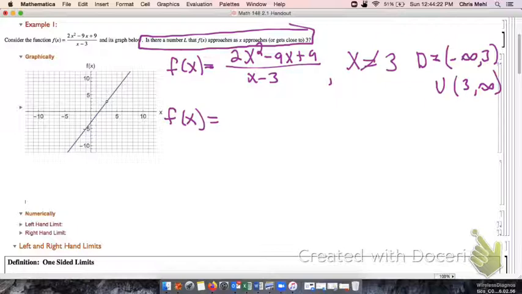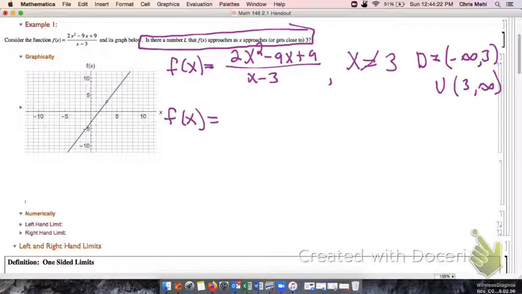Notice 3 is not in the domain of the function, but it's the only number not in the domain, so we can still have numbers in the domain that get close to 3 but never quite get there. As you plug those numbers into the function f of x, do the outputs approach some particular value as the inputs approach 3?